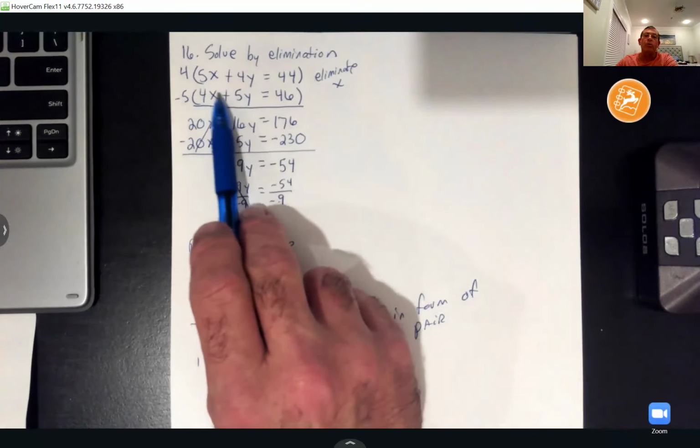Then I got a 2x plus 2y minus 3z equals 6. And then I got x minus 3y plus 2z equals a negative 10.